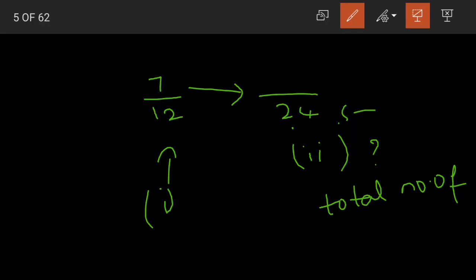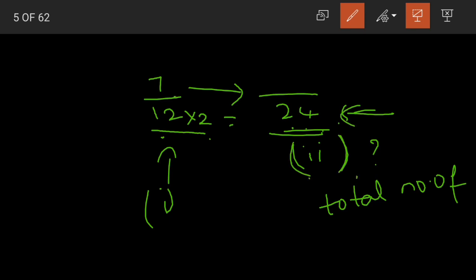We have to find out the numerator. See, how can we get this 24 here? 12 into 2 is equal to 24. Yes children, to find the equivalent fractions, we multiply the numerator and denominator by the same number. So when we multiply the denominator by 2, we get 24, which is the denominator for the second figure.